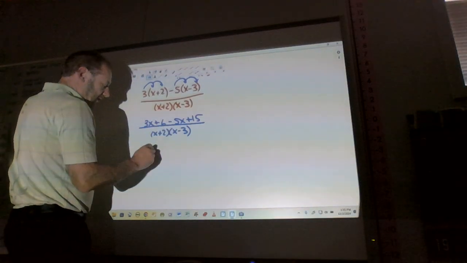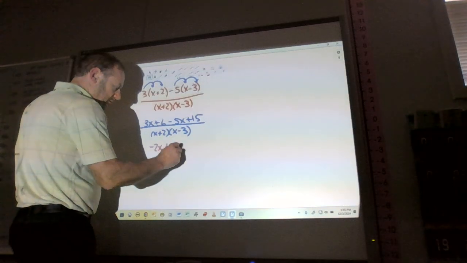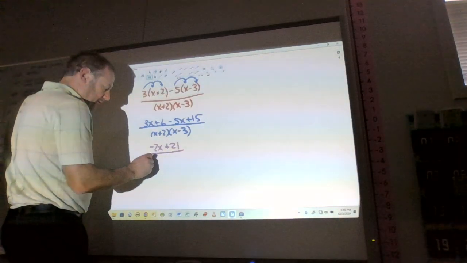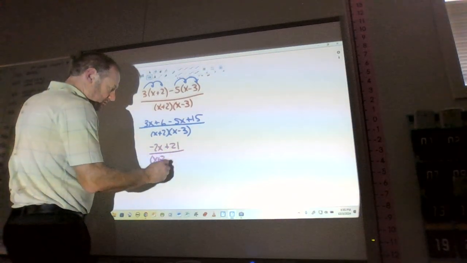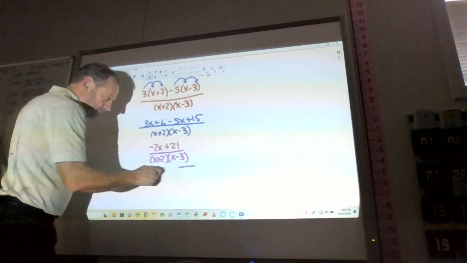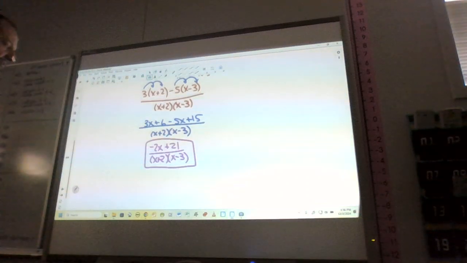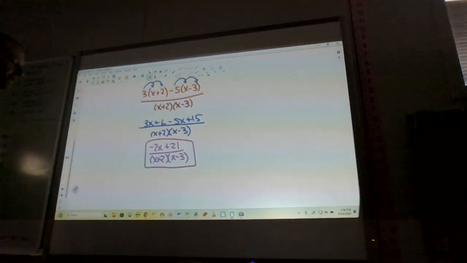This is going to be negative 2x plus 21 over x plus 2, x minus 3. And I don't think I'm going to be able to cancel anything out if I factor. I can't factor anything out of here, so that's as far as it's going to go.